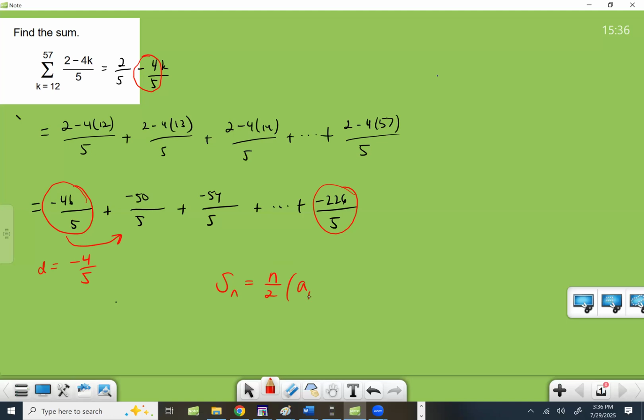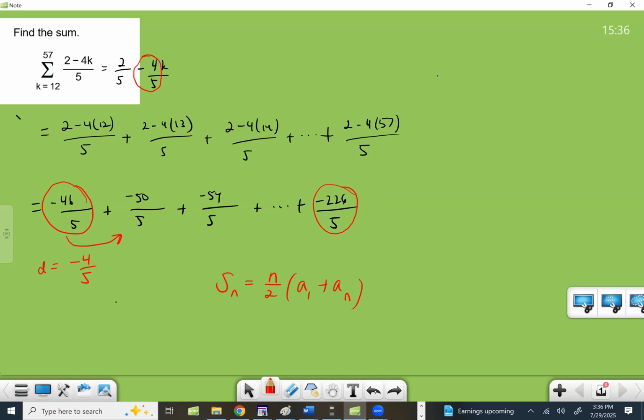I know they put a sub 1 in the formula, but they just mean the first term. In this case, it does not mean when I plug 1 in; it means when I plug 12 in. 12 is my first term. The notation's not very good. I almost wish they'd just write first plus last.